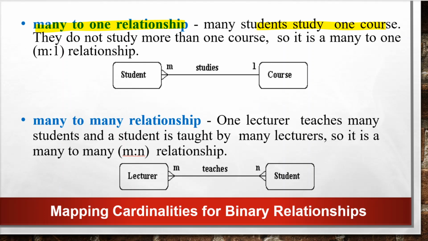So students, course, many students with m cardinality here are studying one course. We can also have a diamond box for this relationship. So here the cardinality is m and 1, meaning many students are studying one course.